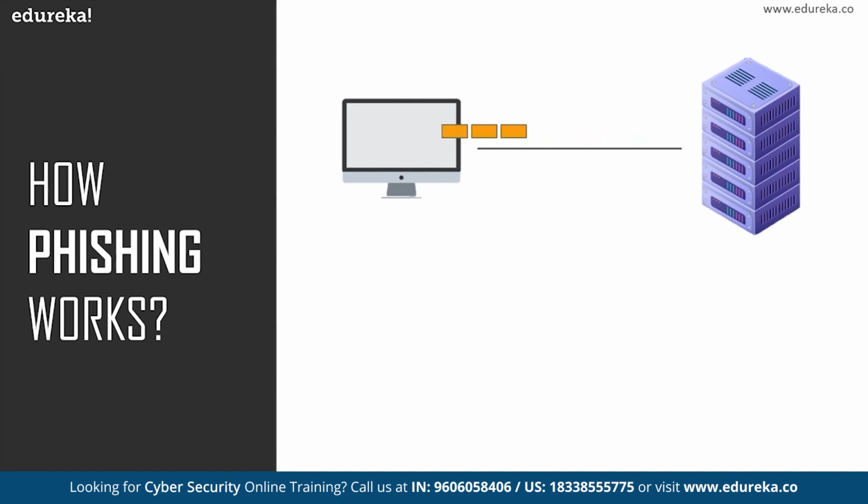Now what happens in a phishing attack is that the hacker disguises himself as this web server. So you think that you are communicating with the actual web server, but in reality, you're just communicating with the fake web server or the fake web application that the hacker has built. And when you enter sensitive information onto it, the hacker steals your credentials. So this is how phishing works.